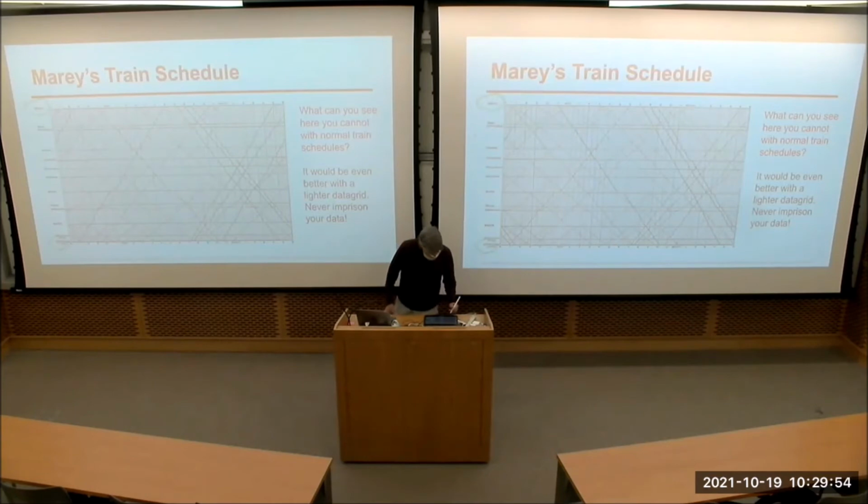Well, the x-axis is time, and the y-axis is location, right? The train goes from Paris to Lyon, it stops at Tonnerre, it stops at Dijon, it stops at Macon, okay? What is each one of these lines? What is this line?